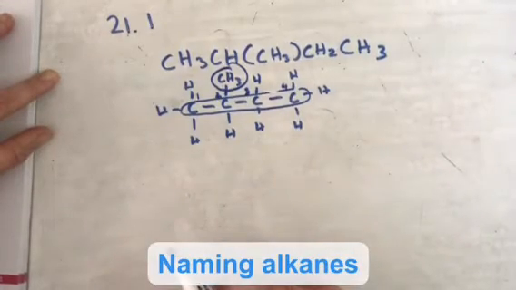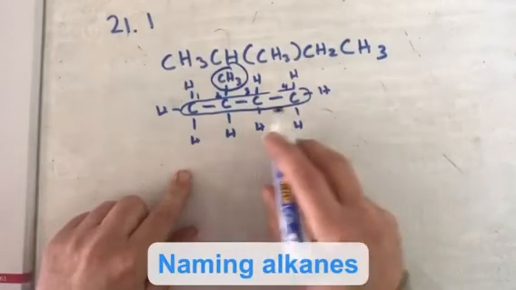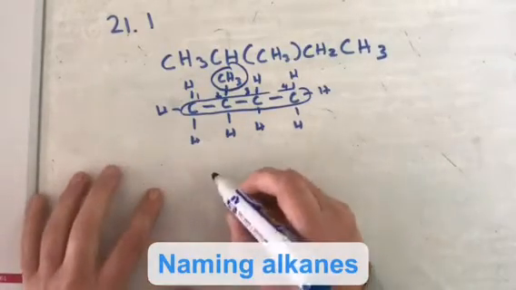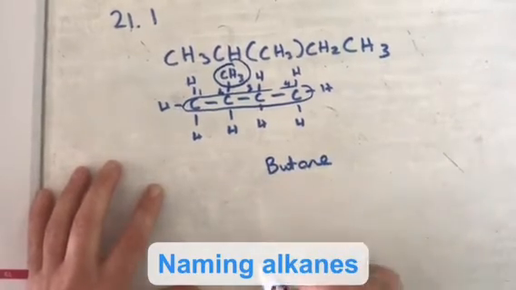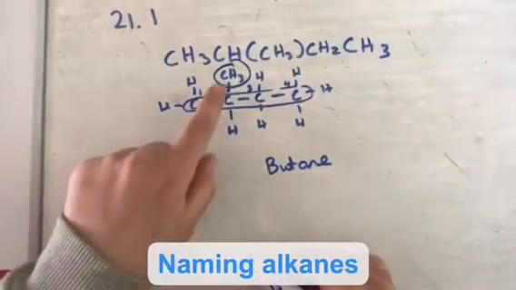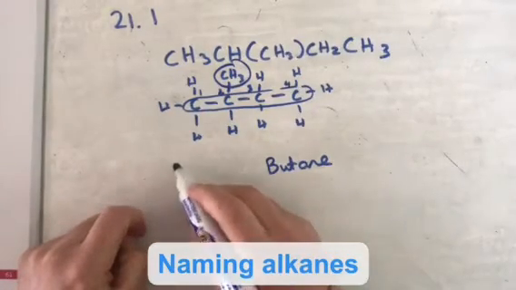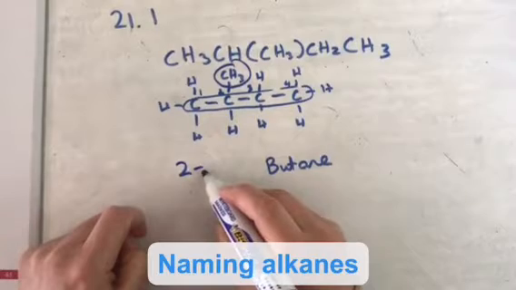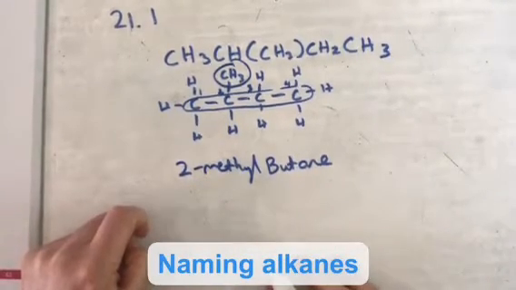Okay, so it's methane, ethane, propane, butane. So it's 4 carbons, so that's the root of our name. So butane, okay, and we've got a methyl group, and we have to tell the other scientists where that methyl group is present. So it's going to be 2-methylbutane. Okay, so that's the first one there.